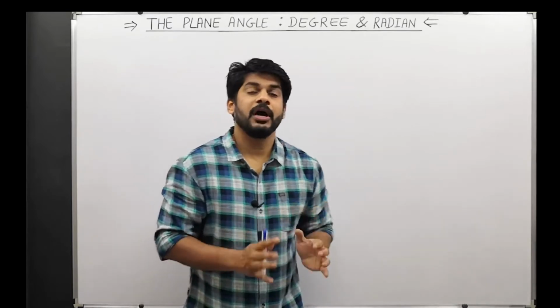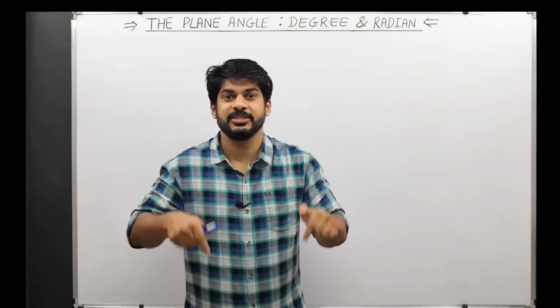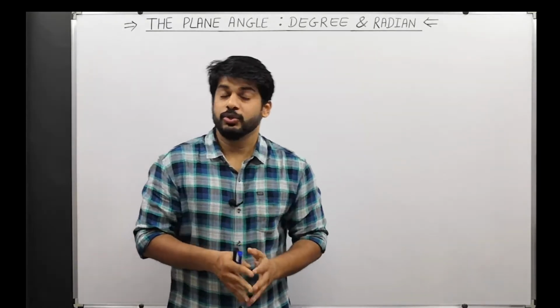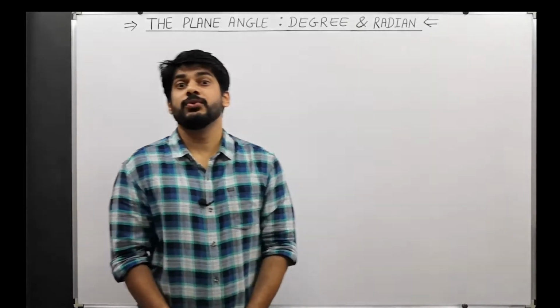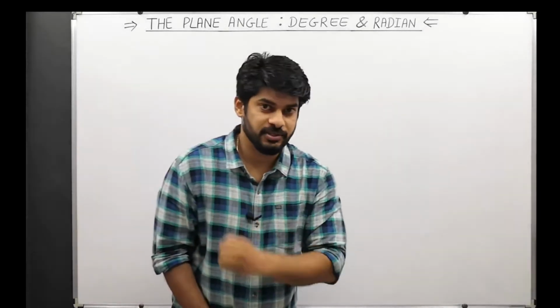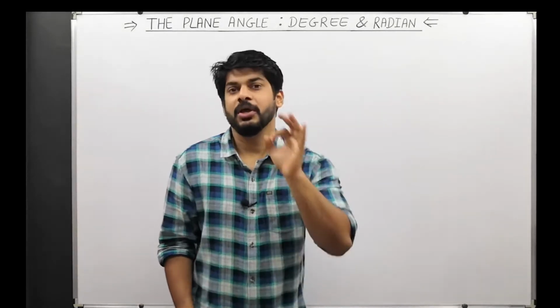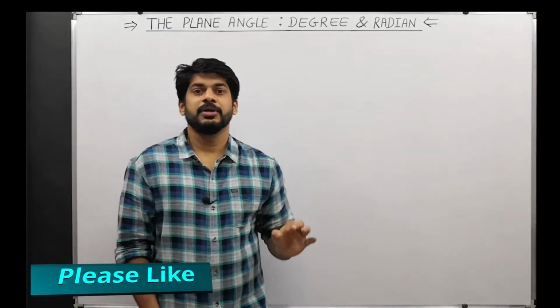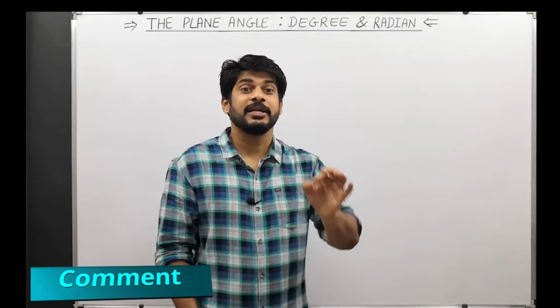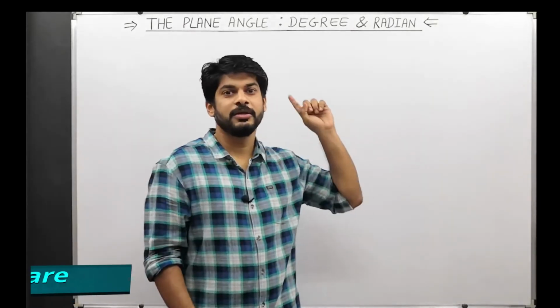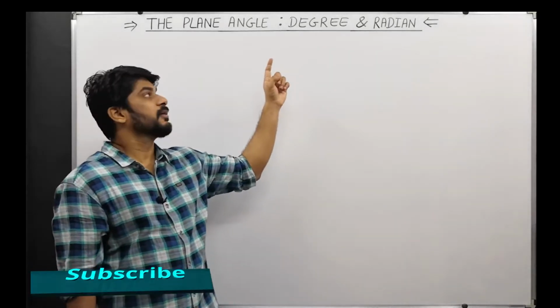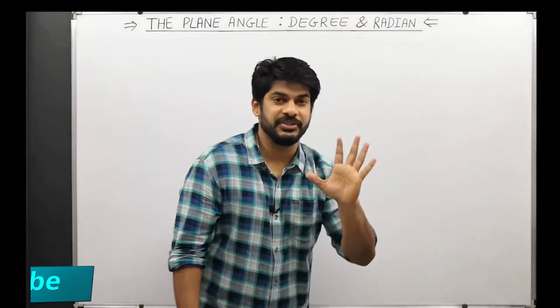All these things we are going to discuss in this lecture itself. This is going to be a very informative lecture about degree and radians, so I hope you will like it. Let's start with our lecture on the plane angle and degree and radians.